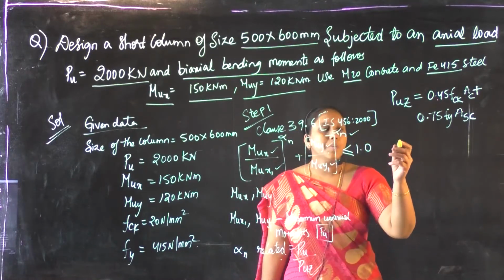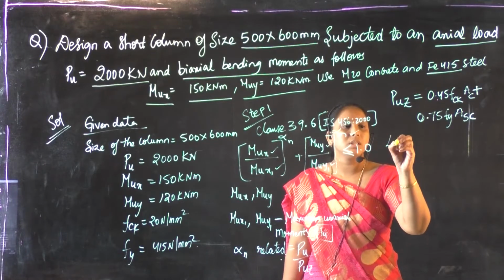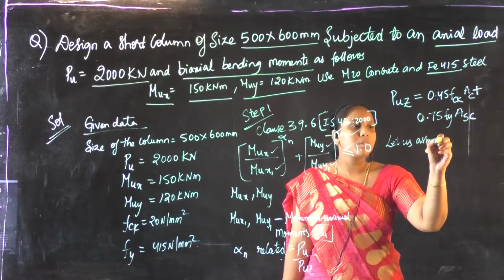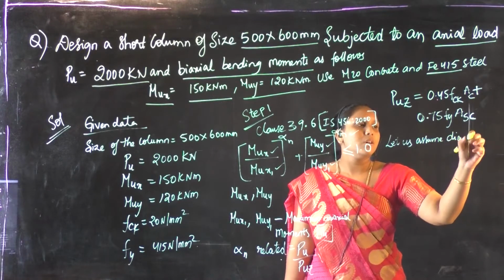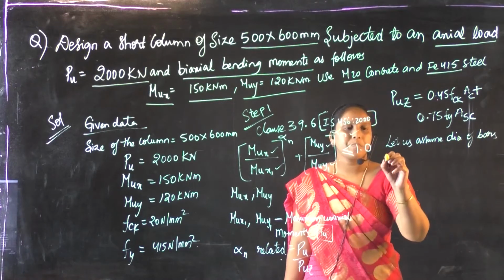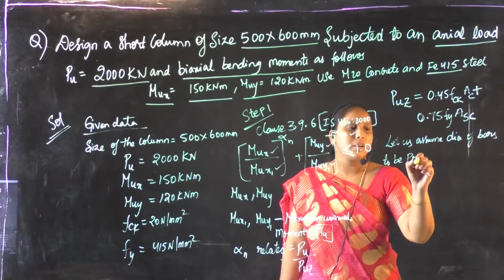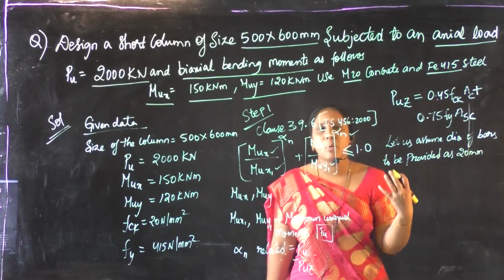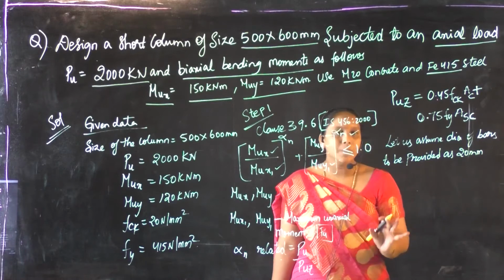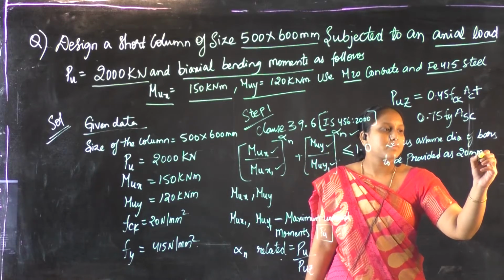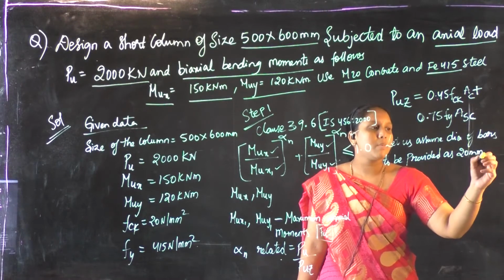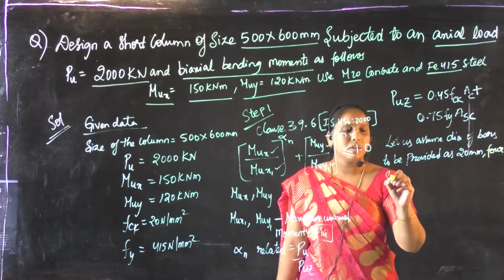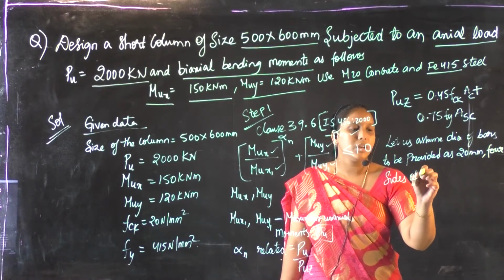To do so, let us assume the dia of bars to be provided as 20 mm. So I am providing 20 mm dia bars as longitudinal reinforcement, and these 20 mm dia bars are provided on all the four sides of the column.